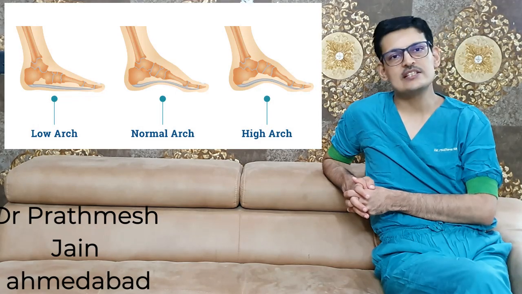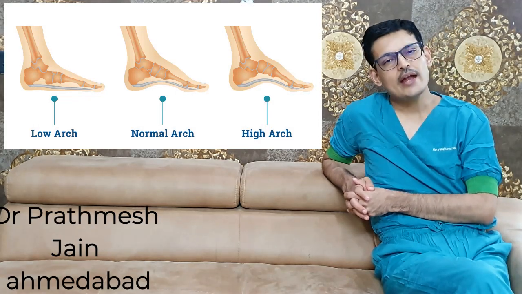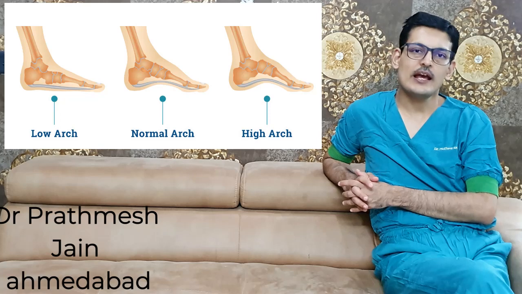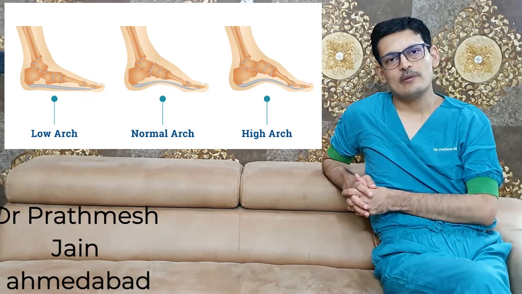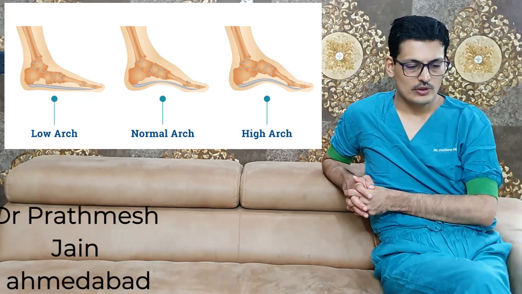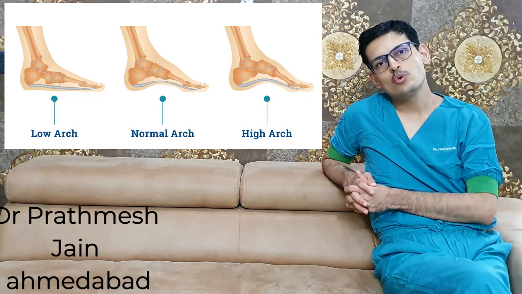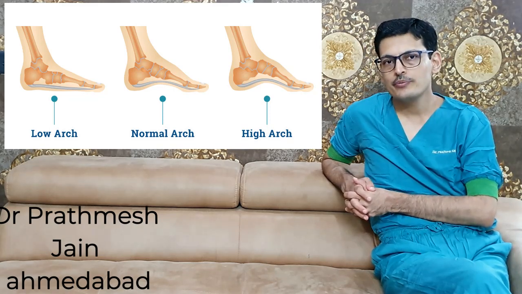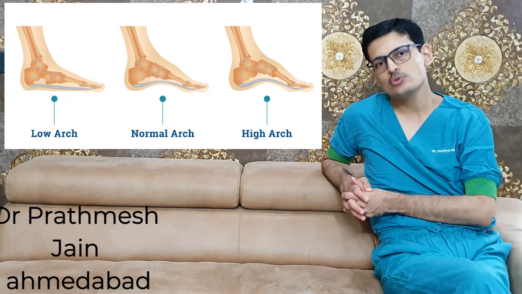Also patients having diseases like seronegative arthropathy and rheumatoid arthritis can have a high risk of developing a flat foot. Also, we have seen that those patients who have injury to the foot and any surgeries to the foot are at a high risk of developing this disorder.